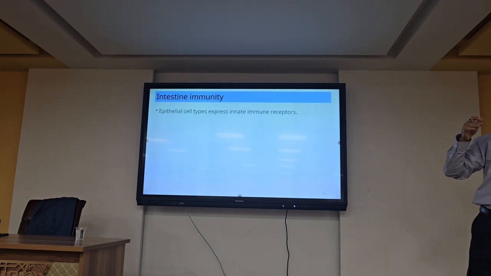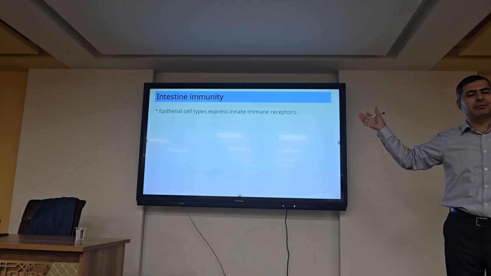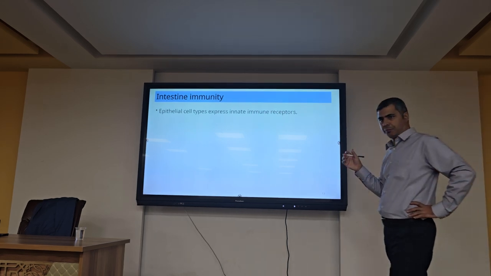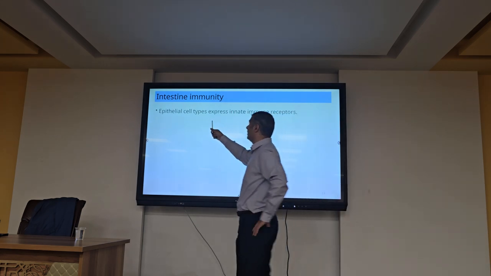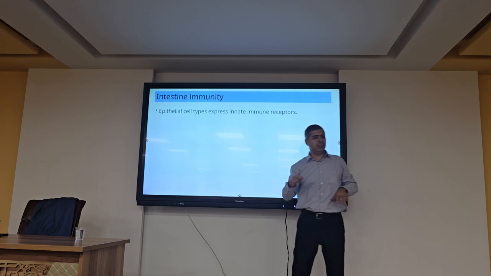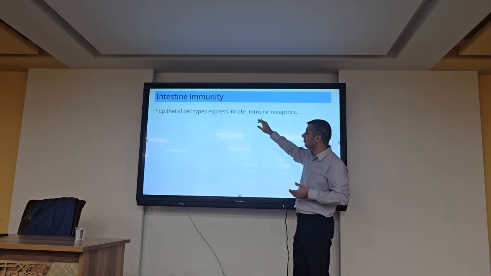Epithelial cells can detect non-self because they have receptors. But what does that mean? Respond to pathogens directly. Yes, epithelial cells, we have different types of epithelial cells. You know from histology and other courses you have or you might have.